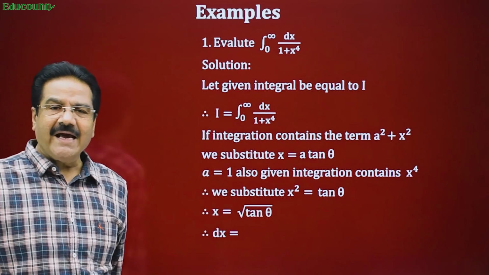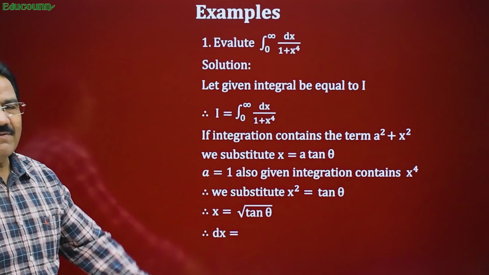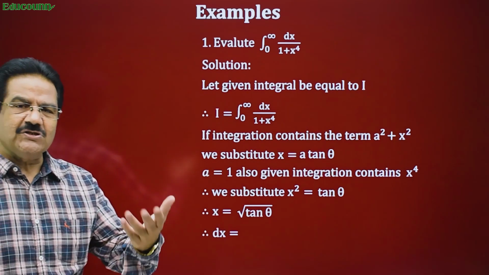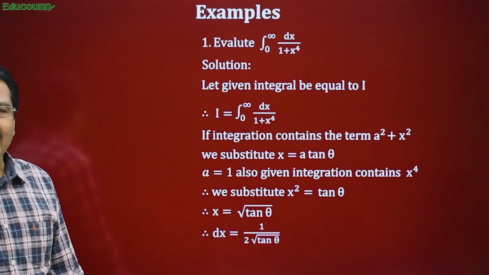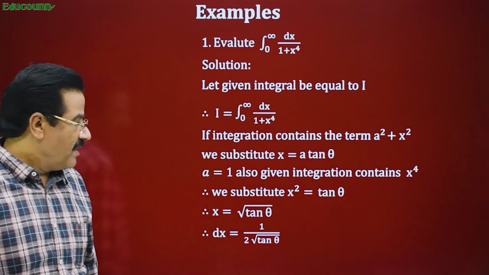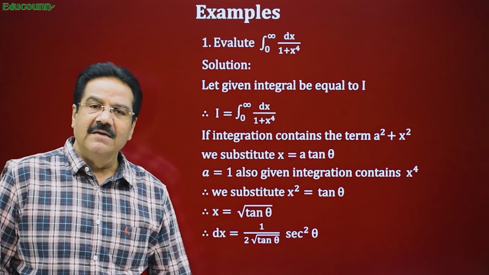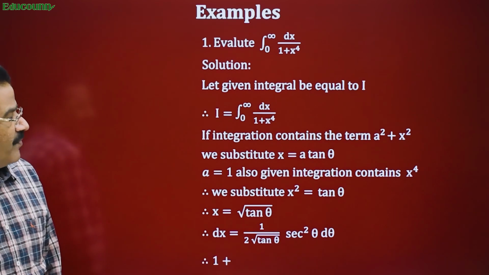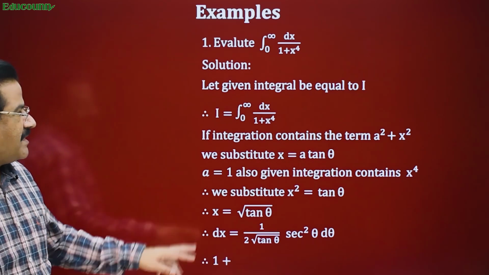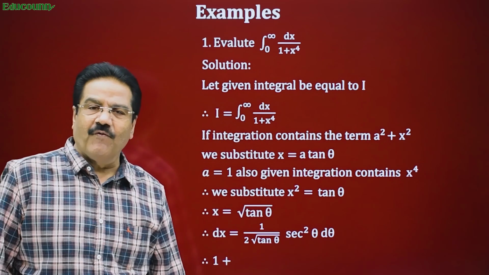Let us find dx. dx is equal to the derivative of root of tan theta. First of all, take the derivative of the root, 1 upon 2 root of tan theta, and as per the chain rule, the derivative of tan theta is sec square theta d theta. Next we have to see what the value of 1 plus x raised to 4 is.